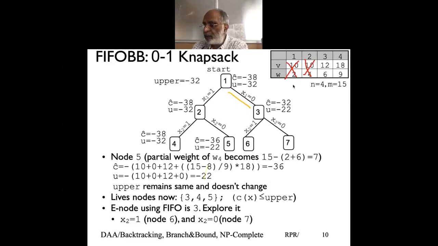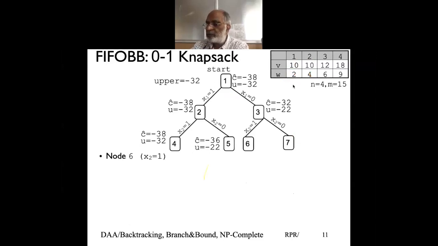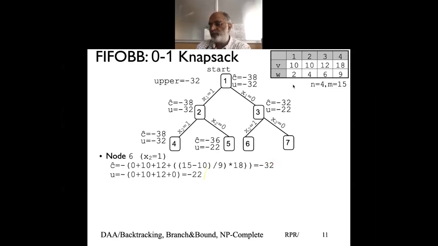And we compute C hat at X and U at X for nodes 6 and 7 and see which are applicable. So explore node 6 now, x2 is 1. Can you tell me, look, we are exploring on the left side, so you see this value will remain the same. So C hat would be minus 32 and U hat would be minus 22.